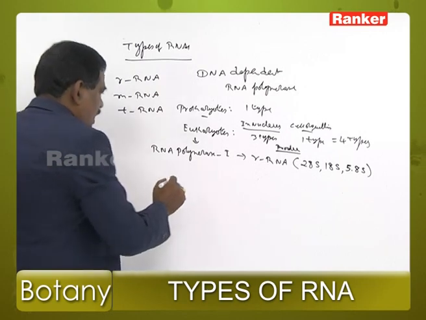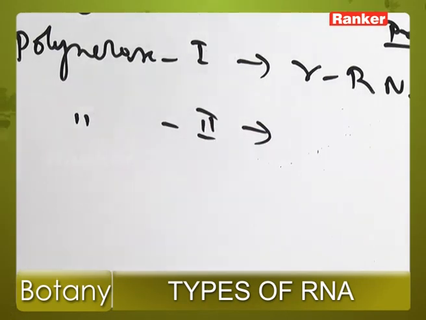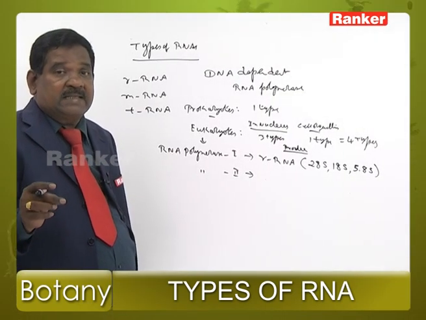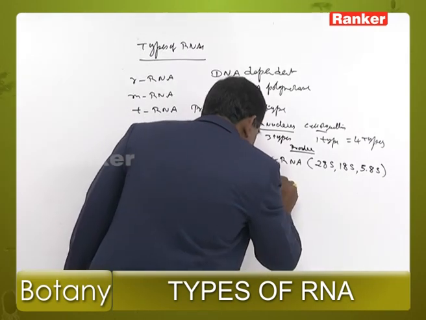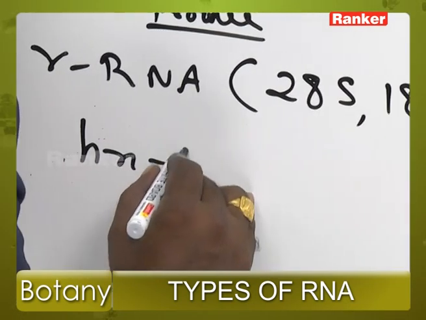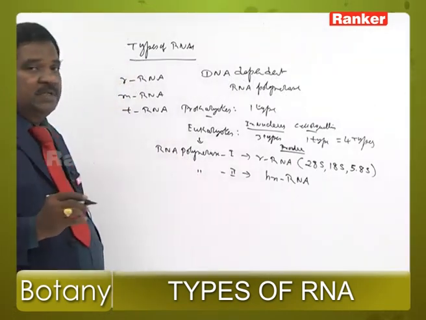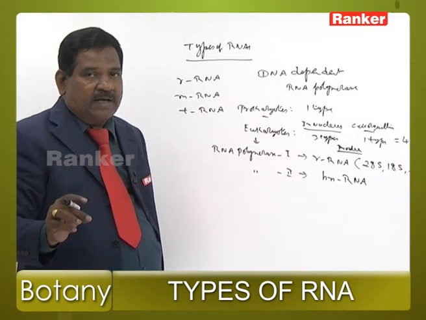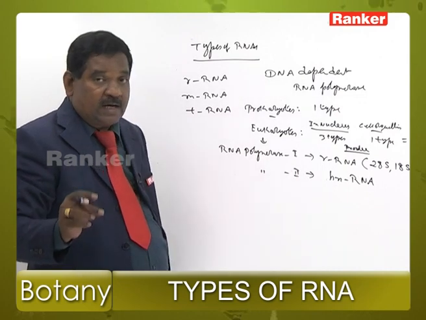Next, RNA polymerase 2 is involved in the synthesis of the precursor of mRNA, that is heterogeneous nuclear RNA. Heterogeneous nuclear RNA is the precursor of mRNA. mRNA is finally formed from the heterogeneous nuclear RNA.